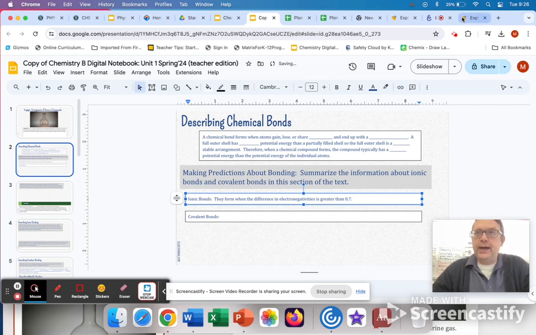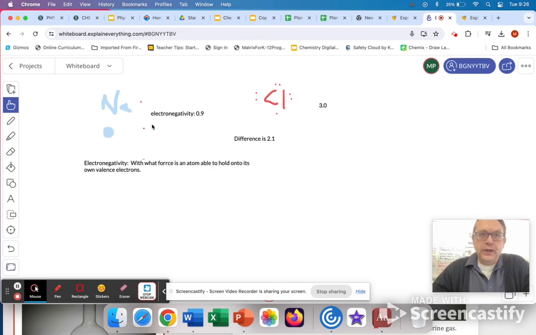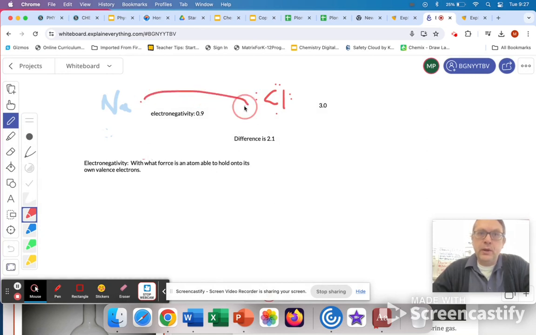What actually happens is this single valence electron, sorry if this is kind of confusing now, gets transferred over to the chlorine atom, giving chlorine a full octet of electrons when it bonds.